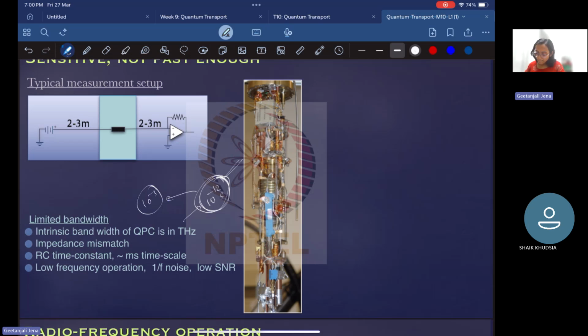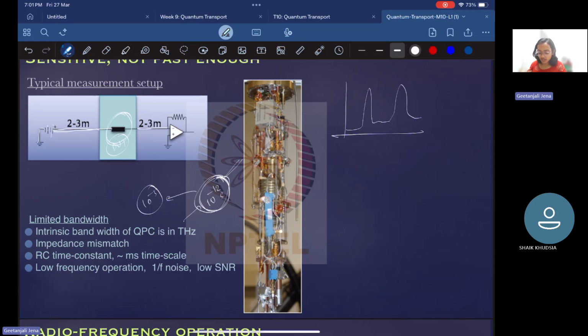By impedance mismatch, what do we mean? Let's say this is the device under test, and we have connected it to the external circuit to measure this I_QPC and to get the temporal graph like this. This device under test, which has the QPC and also the quantum dot region, has relatively high impedance.